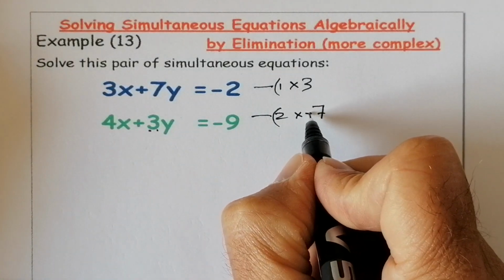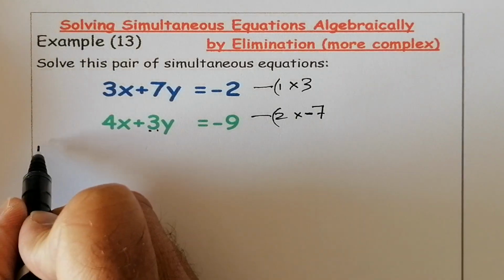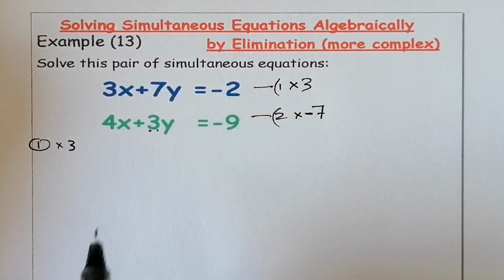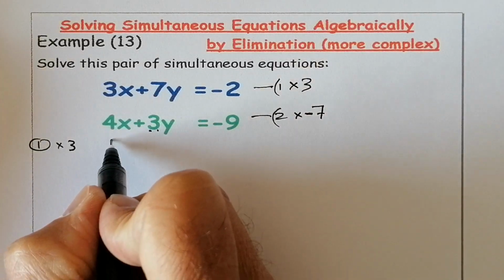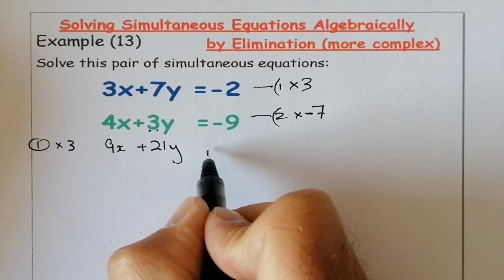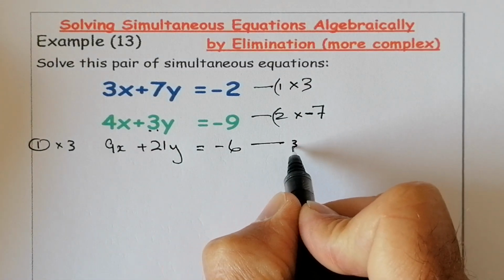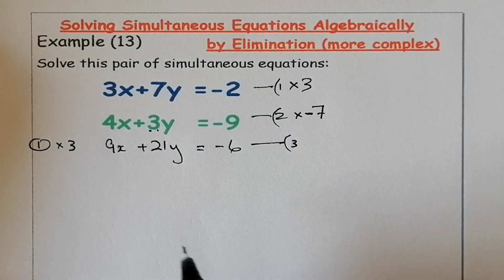So I'm going to make this one the negative, so that's negative 7 that I'm multiplying by there. When I multiply by a negative, all the signs are going to change, remember. Let's go and do this just now. So equation 1 times 3 will give me 9x plus 21y, and that will give me minus 6 that's there. That's now my equation number 3 as a reference.